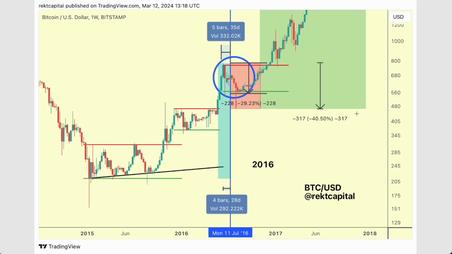So let's talk about that in a bit more detail, because the pre-halving retrace tends to occur 28 days before the halving occurs. The whole goal of a pre-halving retrace is for price to retrace and offer a bargain buying opportunity, and the bottom of that retrace is supposed to form the bottom of the reaccumulation area.